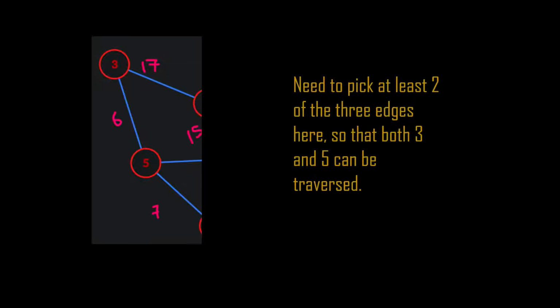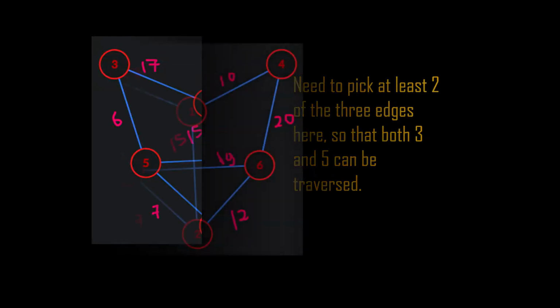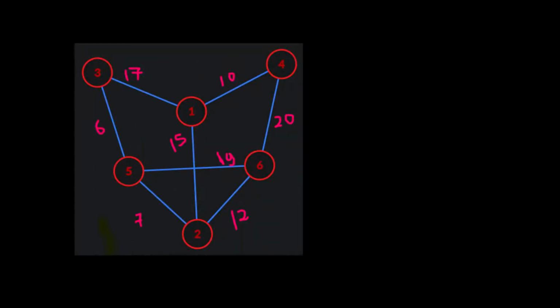Because you are looking for the minimum cost spanning tree, after choosing the edge which has length 6, we'll choose the edge with the minimum weight between the left two edges. So that's the edge with the length 7.